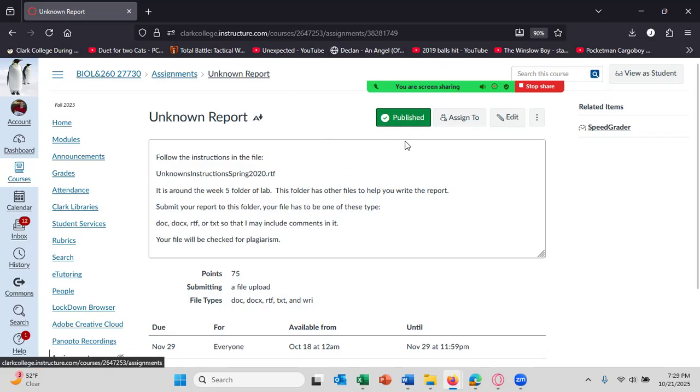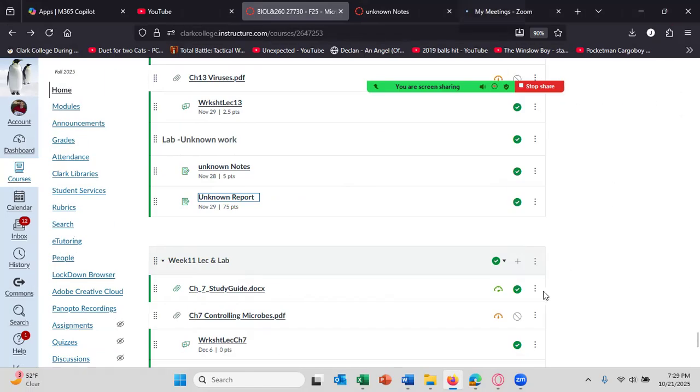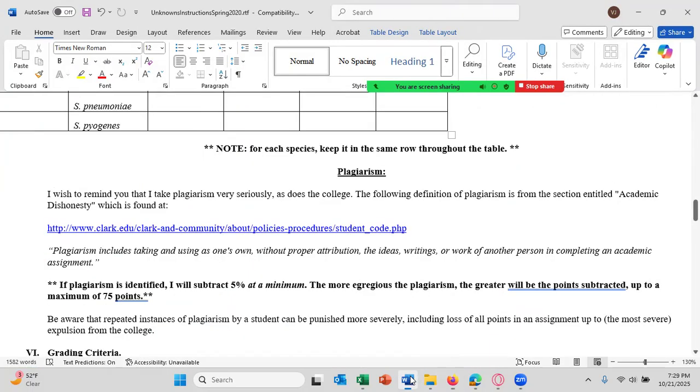All right, any questions about any of that? You'll get a penalty if it's plagiarism. If the paper is largely plagiarized, you'll get 0 out of 75 points. A minor plagiarism, I'll figure out what the penalty will be.